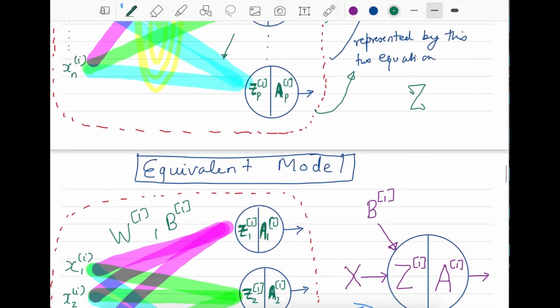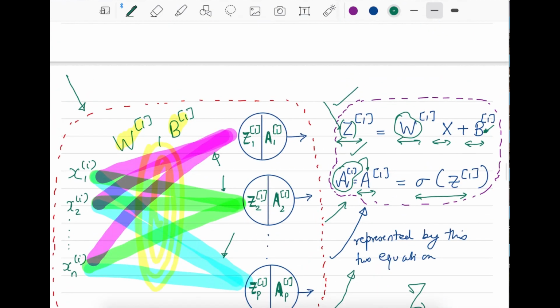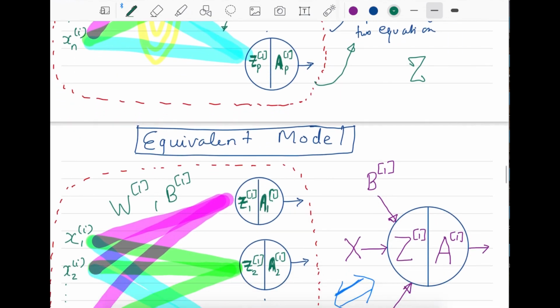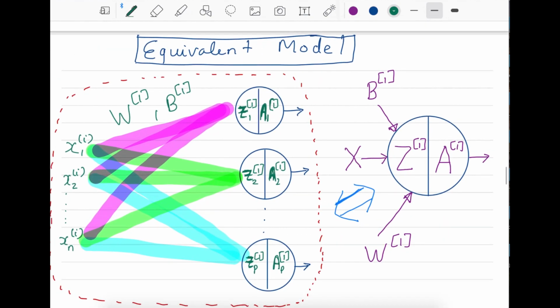So if that is the case, then you can represent this complete single layer neural network using this equation, and you can also write it in this fashion as given over here. What it says is you have a matrix X, and you pass it to this big node which involves each and every individual node of the hidden layer.